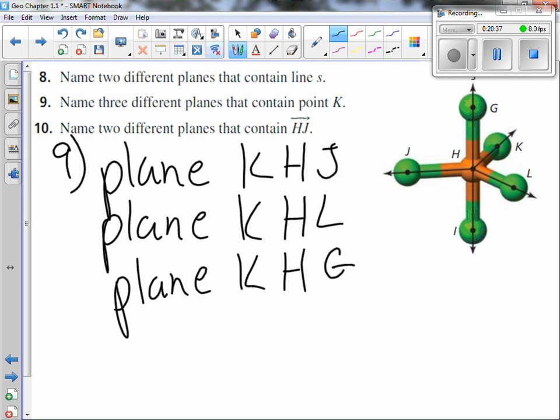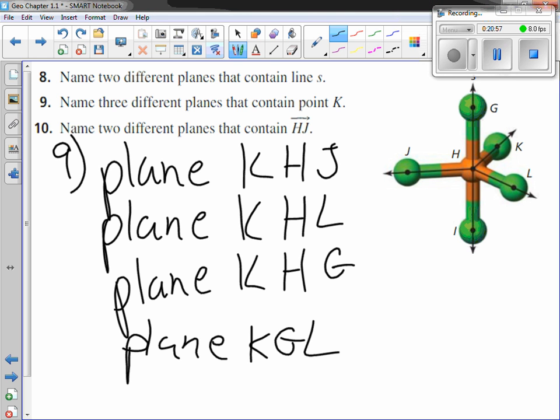So we have KHG, yes. KHL, that flat one. KHJ, that flat one. How about this one? Probably stretch your mind a little bit. KGL. Because through any 3 points, you can make a plane.